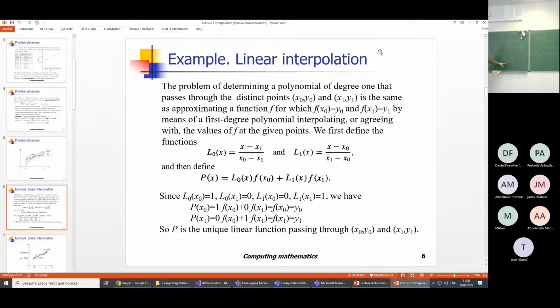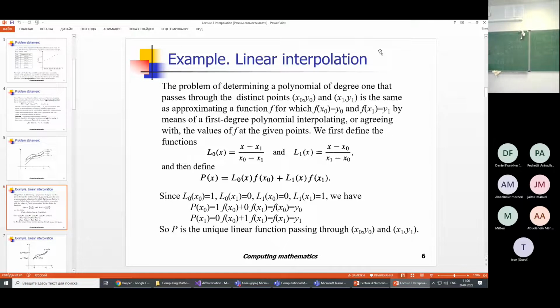So the derivative of L0 of x is 1 over x0 minus x1, times f0.